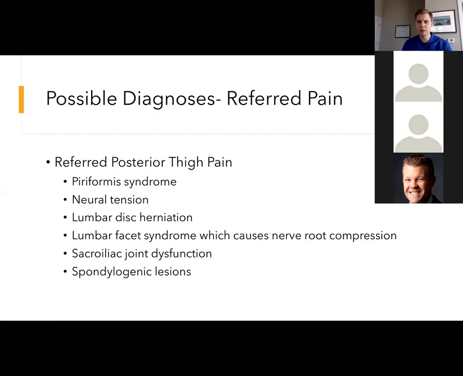With referred pain, these are the possible causes originating at the lumbar spine that we need to dispel in somebody that might be having more of a chronic posterior thigh complaint. Things that can reproduce thigh pain include piriformis syndrome, neurotension, a lumbar disc herniation, lumbar facet syndrome, which would cause nerve root compression, sacroiliac joint dysfunction, as well as spondylogenic lesions.